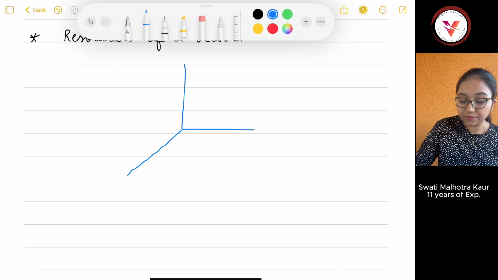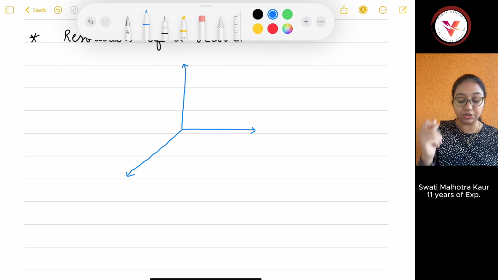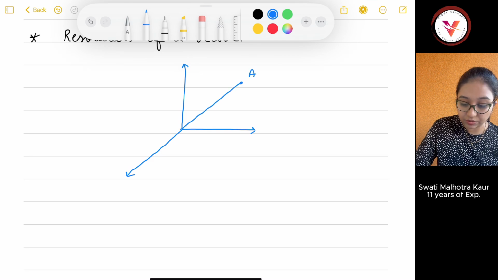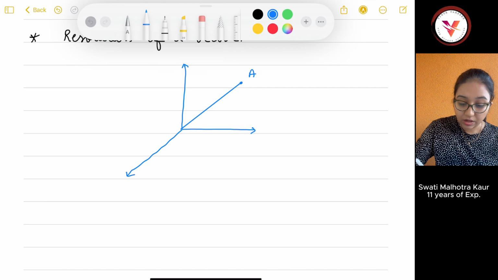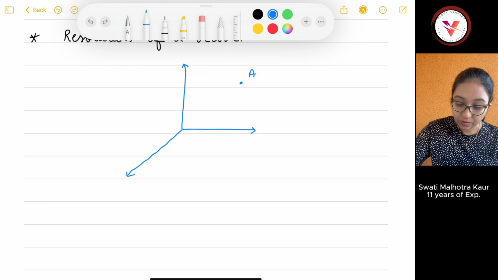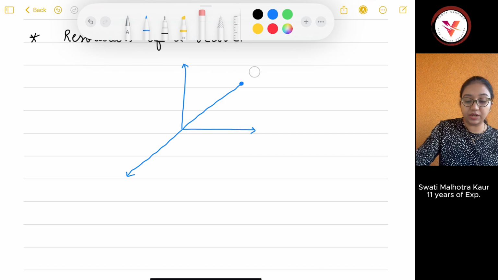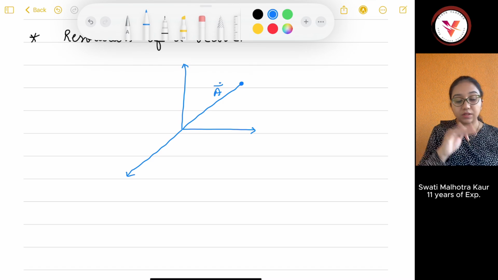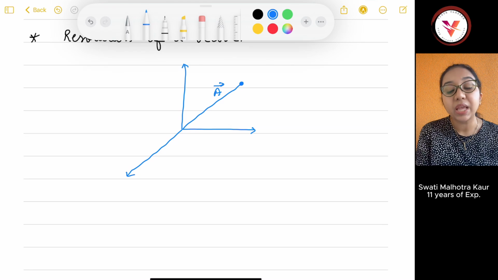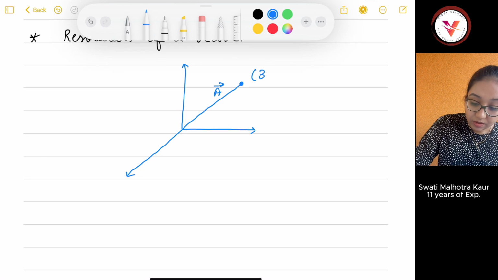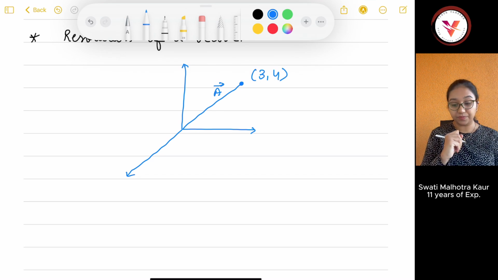If we talk about the Cartesian plane, our point is there. Let's say there is a vector A from the origin. This is your A vector, somewhere lying in this XYZ plane. Now, this A vector has a position vector of 3, 4.